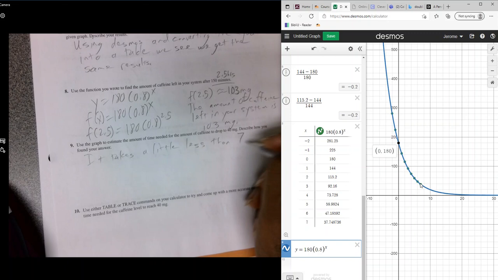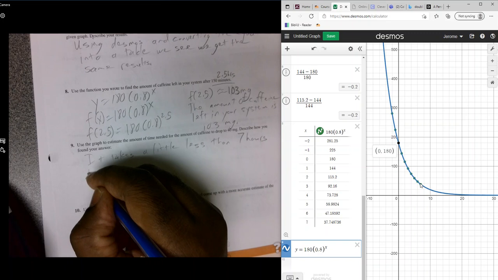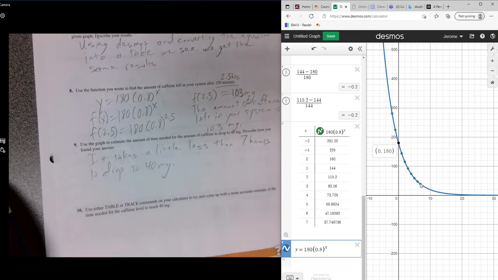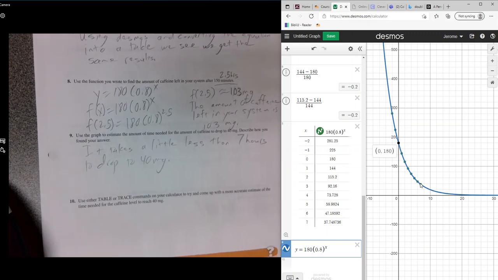Now, number 10, it says use either table or trace commands on your calculator to come up with a more accurate estimate of the time needed for the caffeine level to reach 40 milligrams. Remember how we were going down here? I think I got it down to a little over 40.362.